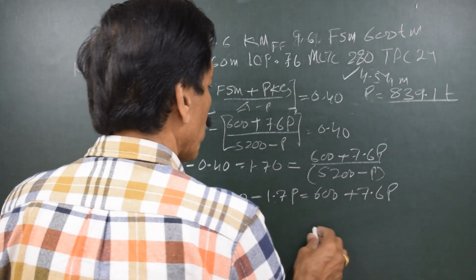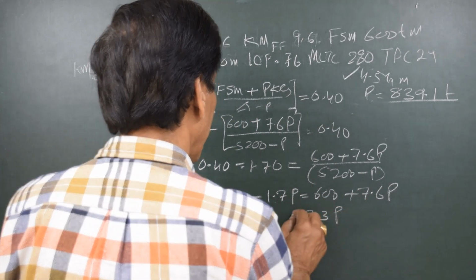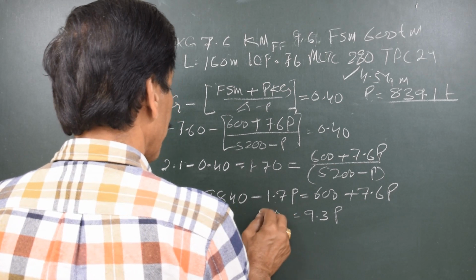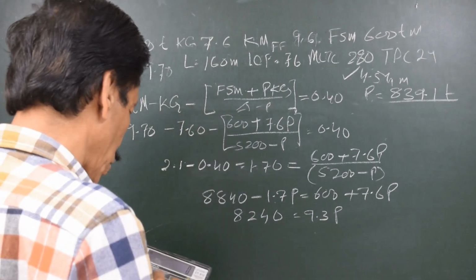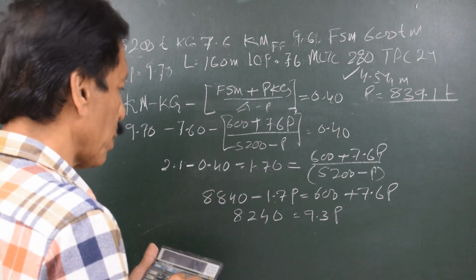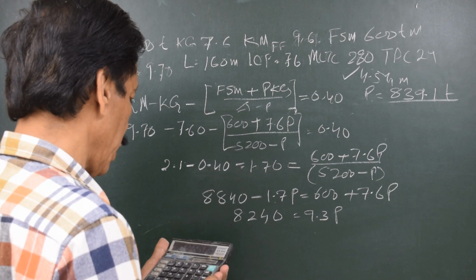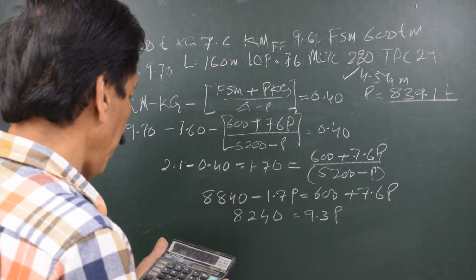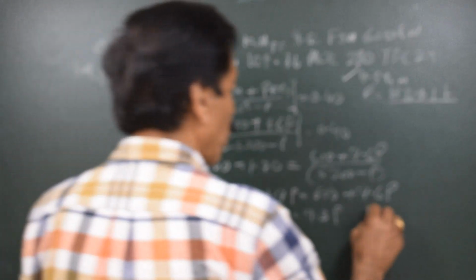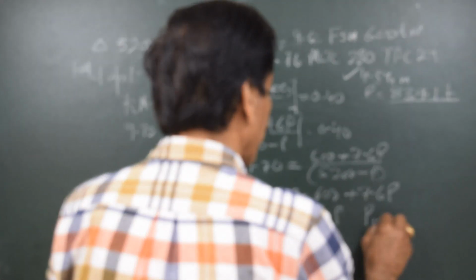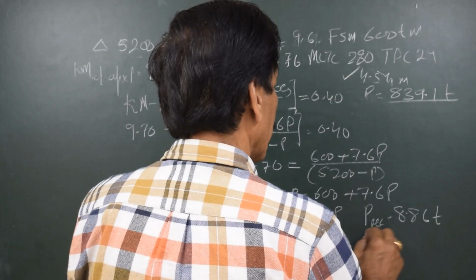This 1.7 goes on the other side, makes it 9.3P, and on this side we have 8240. So 8240 divided by 9.3 gives me P accurate as 886 tons.